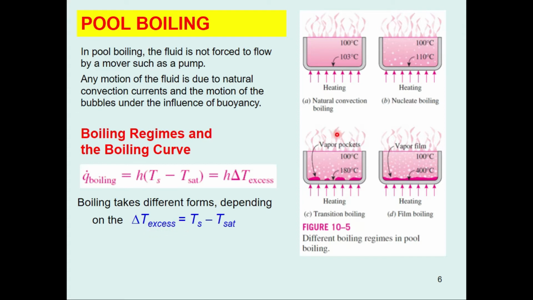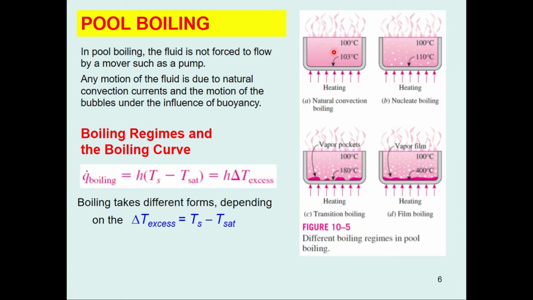How can we measure the delta T excess, the difference between the surface temperature and the saturation temperature? Here 103 is the surface temperature and this is the saturation temperature. The saturation temperature in case of water will always be 100 at 1 atm pressure.